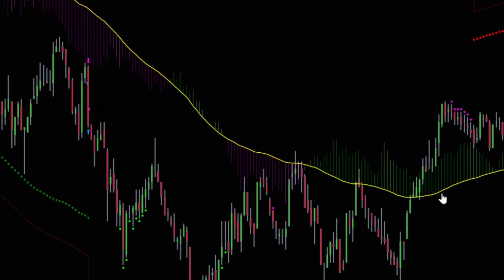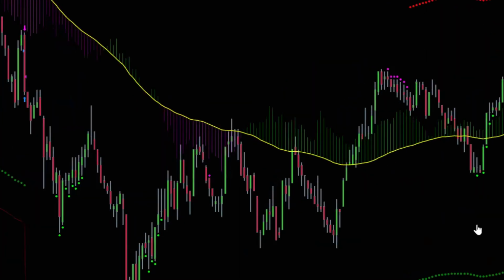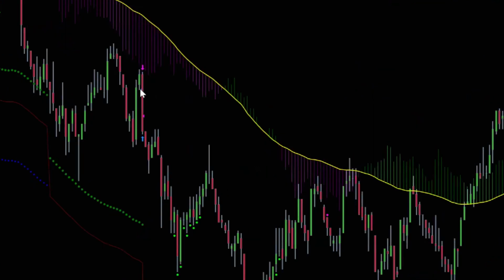I was looking for it to perhaps catch an early move upward, and I was just flat out wrong. I went long right here on a limit, and I got stopped out within, I don't know, 10, 15 seconds. So I was only out $100, not too shabby, not too much damage.